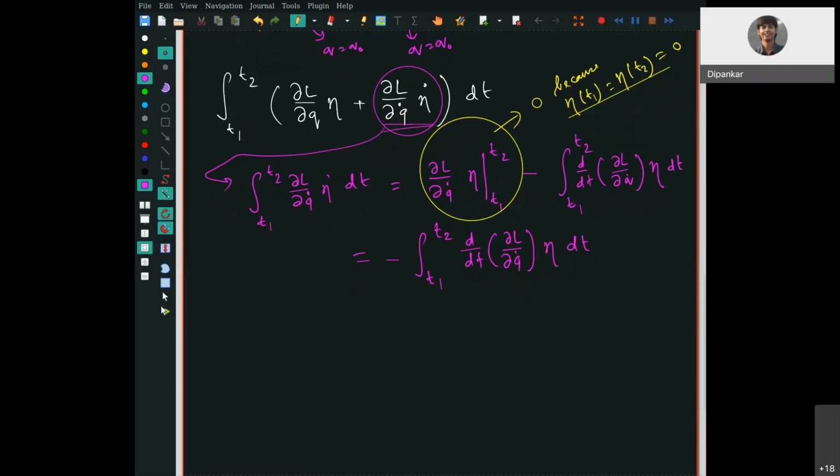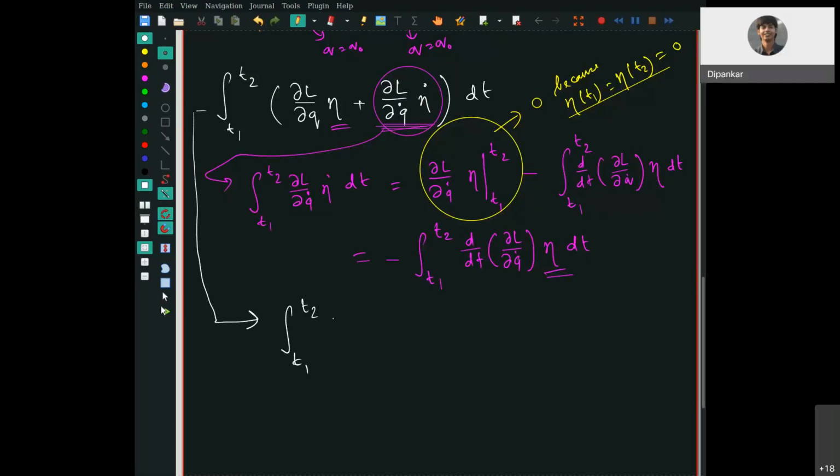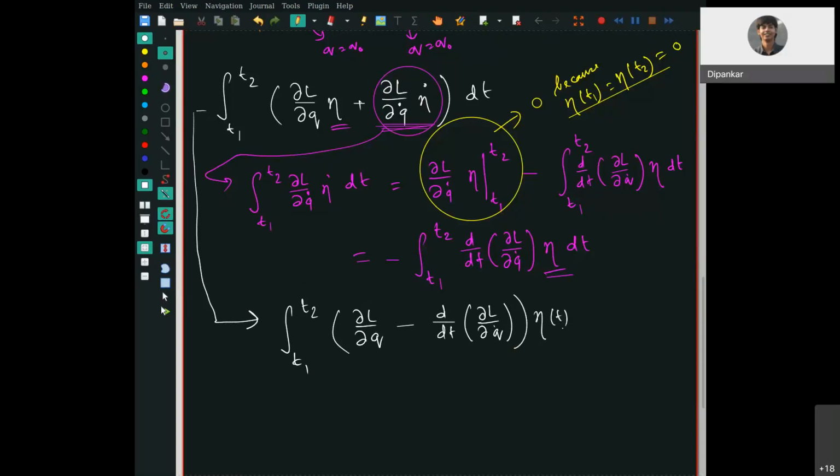Okay. Now you plug this in here. Remember, both terms have a factor of eta, so I take the factor of eta outside. Then this integration will become the integral from t1 to t2 of del L del q minus d dt of del L del q dot, times eta dt.